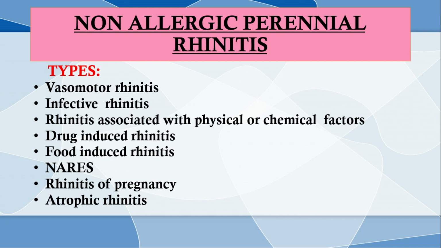Well, there are certain types of non-allergic type of perennial rhinitis, such as vasomotor rhinitis, infected type of rhinitis, rhinitis associated with physical or chemical factors, drug-induced rhinitis, food-induced rhinitis, NARES, rhinitis of pregnancy, and atrophic rhinitis.